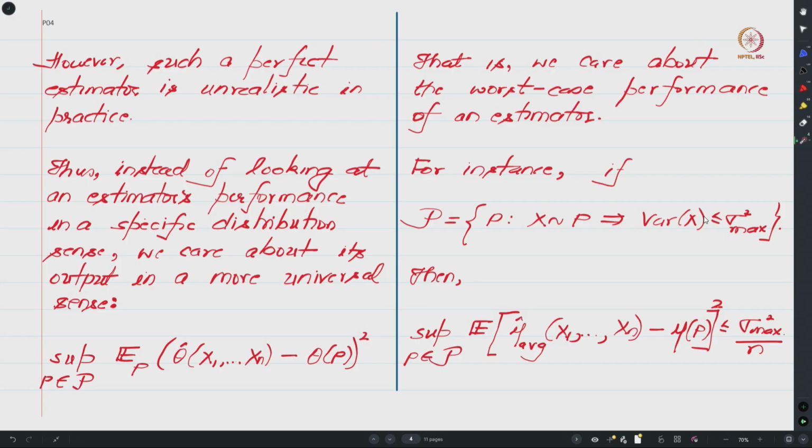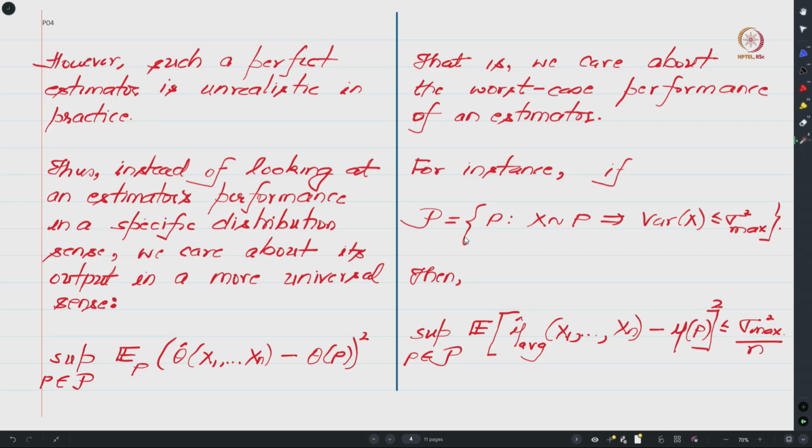Let me repeat: this is the collection of all those distributions whose variance is upper bounded by sigma square max. So this is a quantity acting like a universal constant that upper bounds the variance of all these distributions. Is this okay?